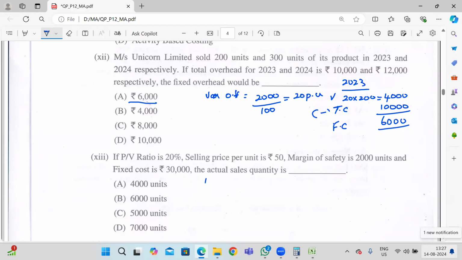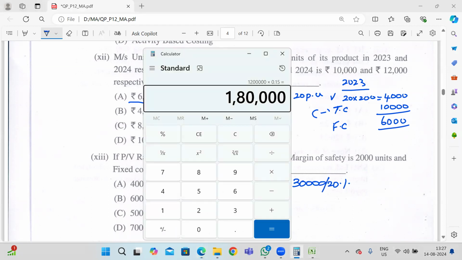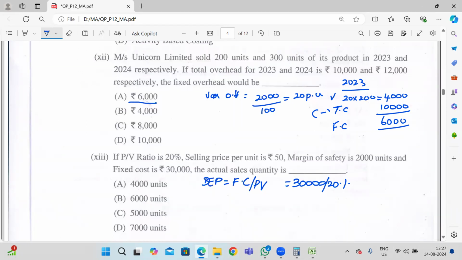Break-even point will be fixed cost divided by PV ratio. So 30,000 divided by 20%. So 1,50,000 would be my break-even point.